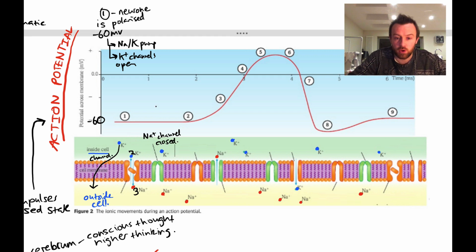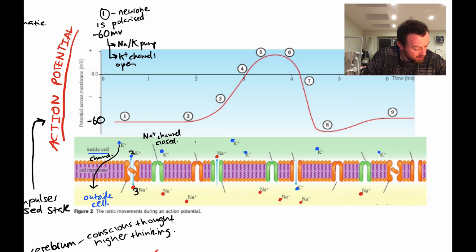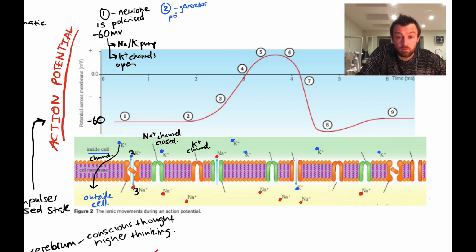Now at point 2 here, some sodium channels open. This is actually a K plus channel. At point 2, I'm going to alternate colors to make it easier to follow. At point 2, generator potential, some Na+ channels open.